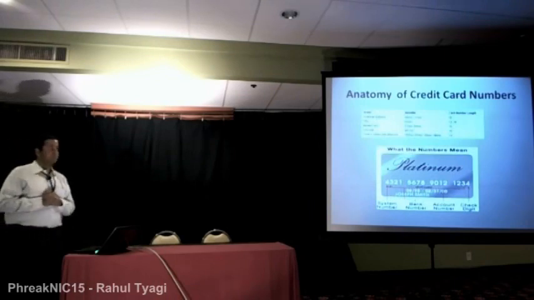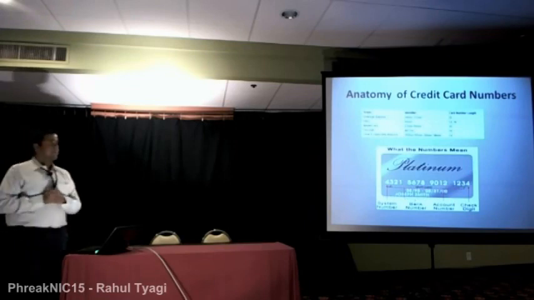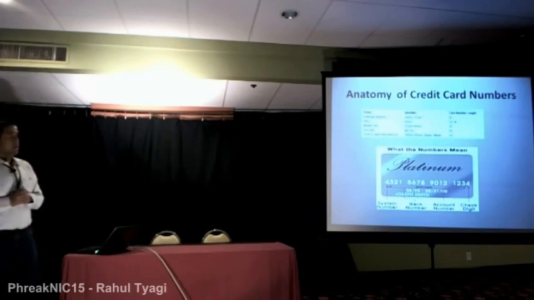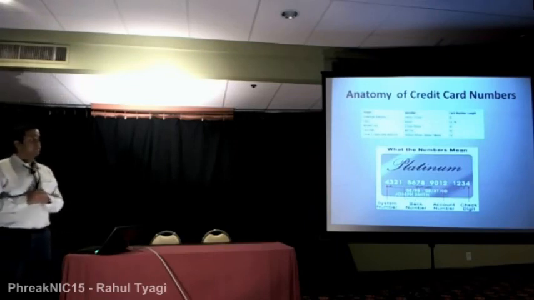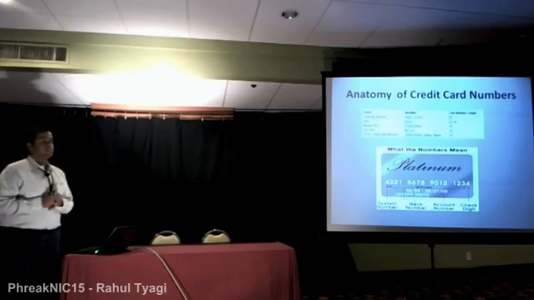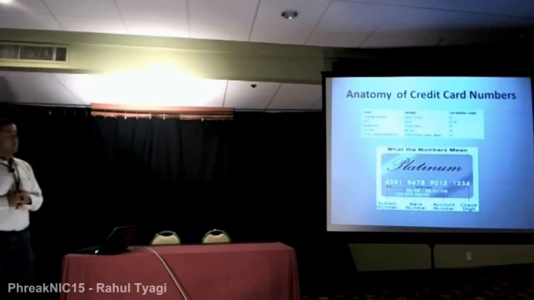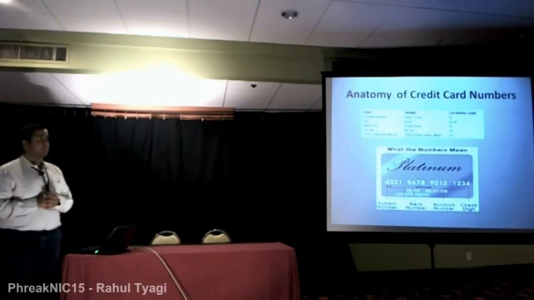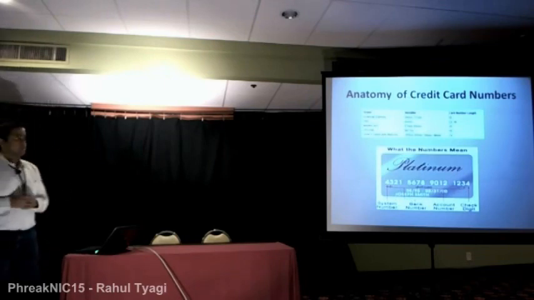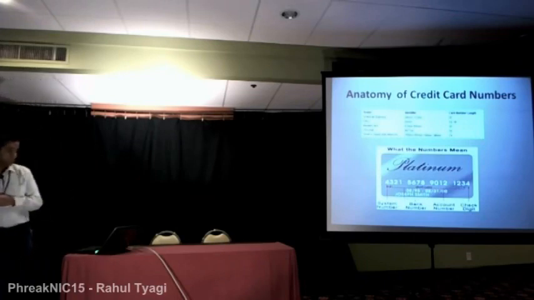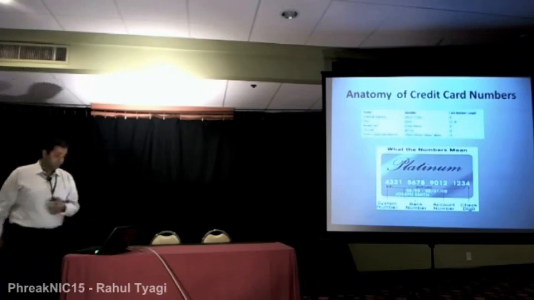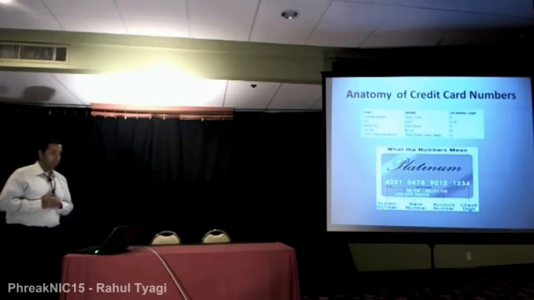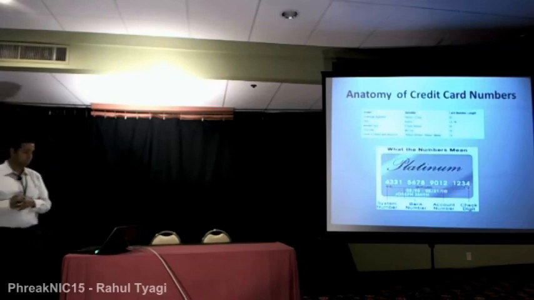You have different issuers: American Express, Visa, MasterCard, Discover, and there's an identifier that uniquely identifies these issuers. If you have a Visa credit card or debit card number, it will start with 4. You also have different credit card number lengths based on the issuer.